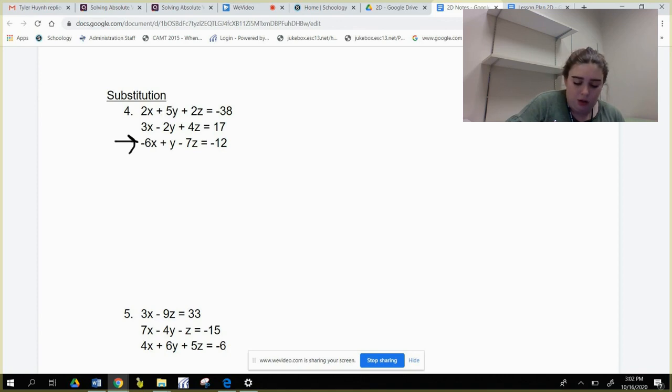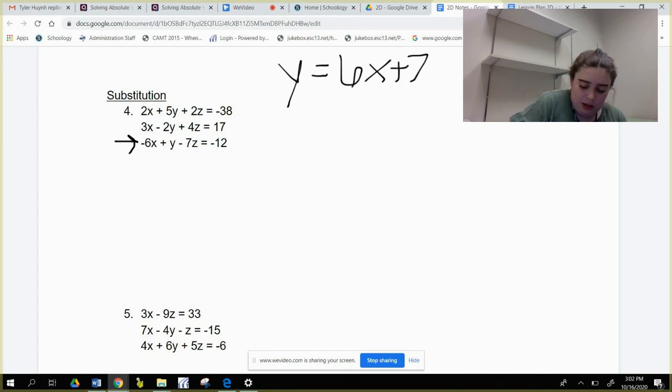Add the 6x and add 7z to the other side. So that's going to be y equals 6x plus 7z minus 12. All right, so there is that solved for y.